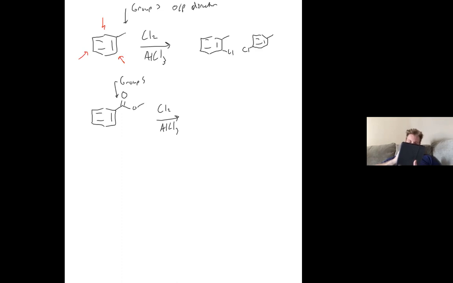It's a meta director. So when we generate a product, it should add to our meta position.